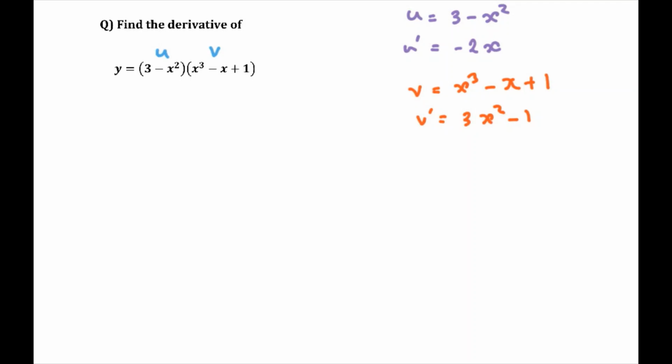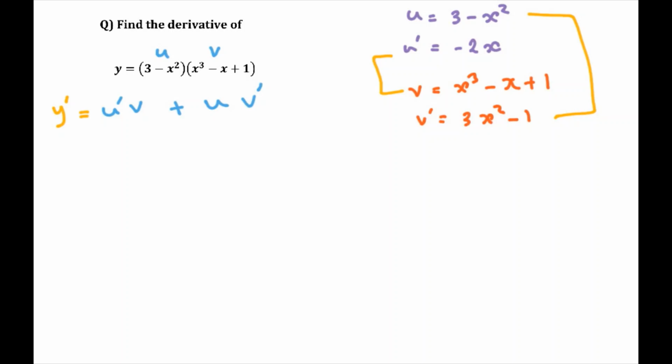First, I'm going to take u prime v and then u v prime. So y prime, or dy over dx, equals u prime v plus u v prime.